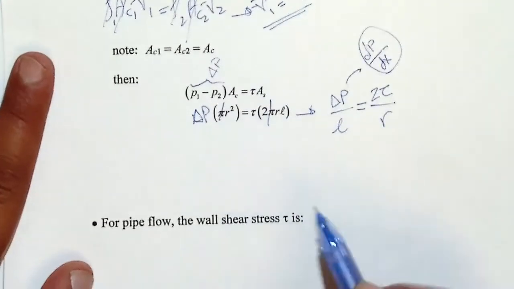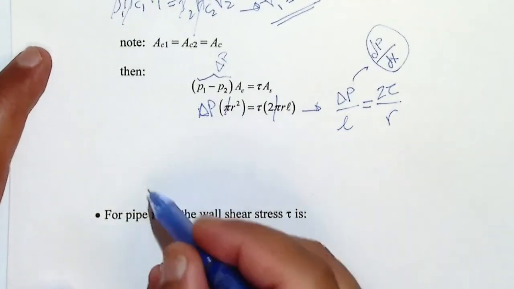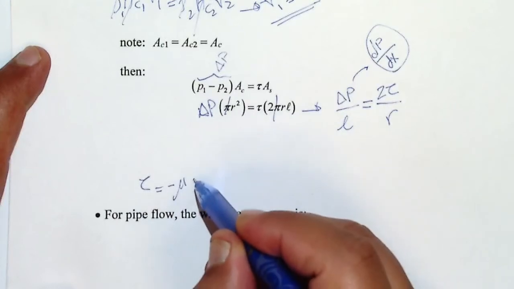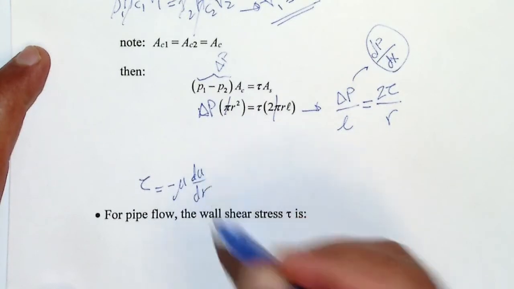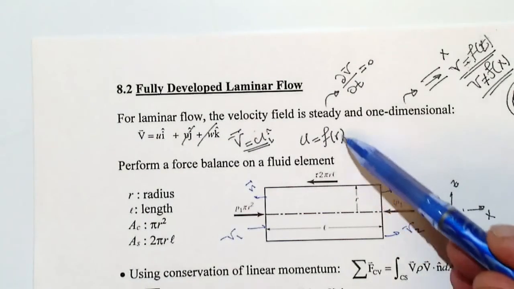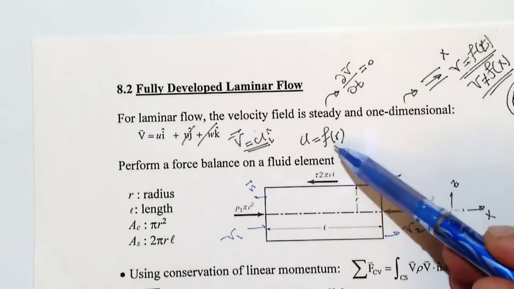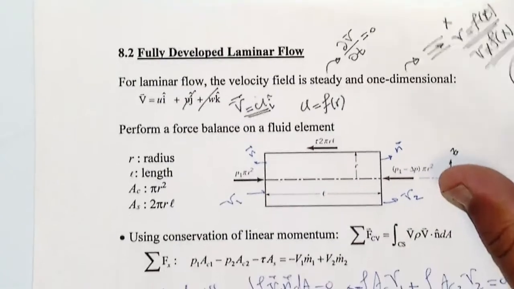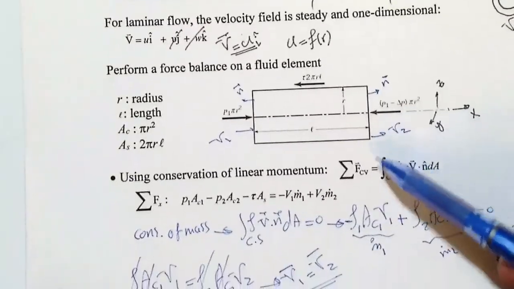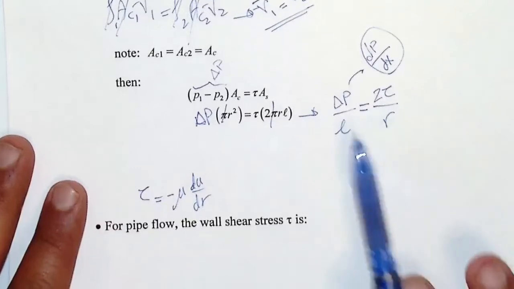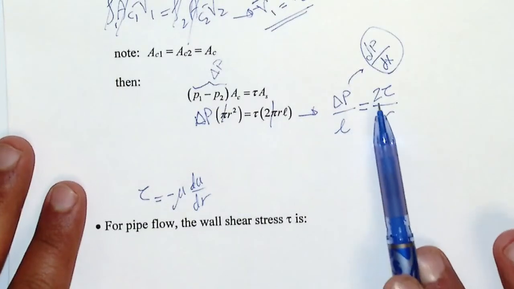So what else do we know about tau? We know that tau by itself is equal to minus mu du over dr, right? Again, let's come back up here. When we started this part, we found out that we are going to find u as a function of r. By force balance with the momentum equation, we make it simpler and simpler to connect delta P, L, R, and 2 tau.